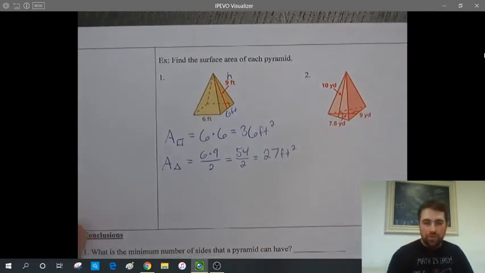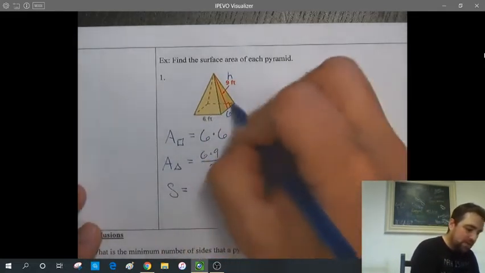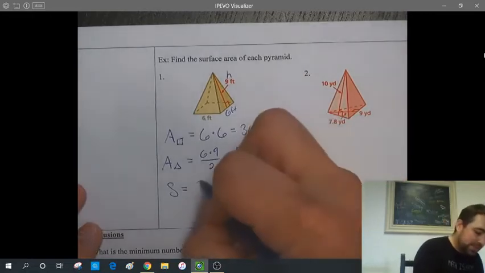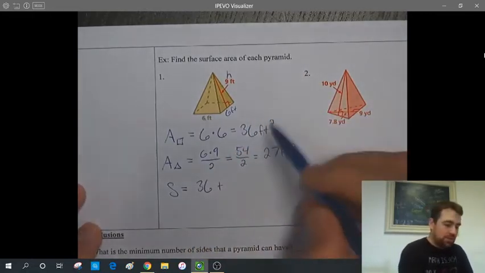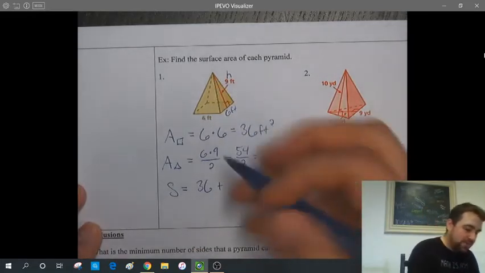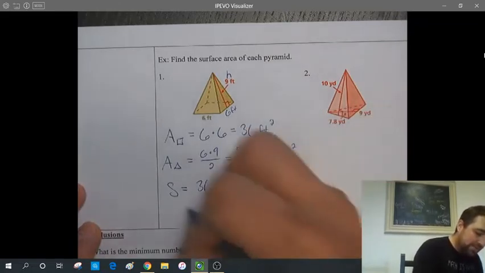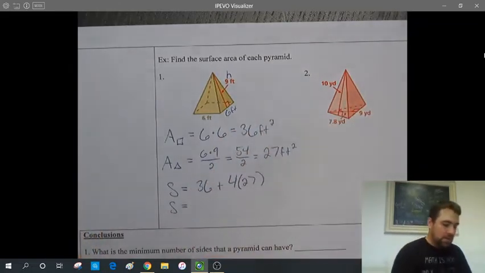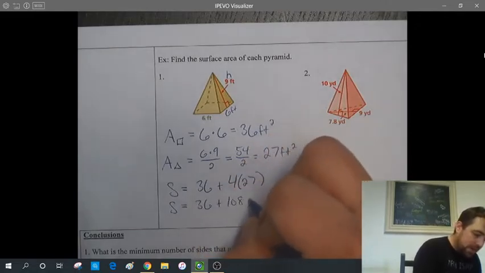Okay. So putting it all together then for surface area, we've got our single base, so 36 we got from that, plus 27 feet squared is each of our lateral face triangles, and we said that we had 4 of those, so 4 times 27, okay, which gives us 36 plus 108 then.